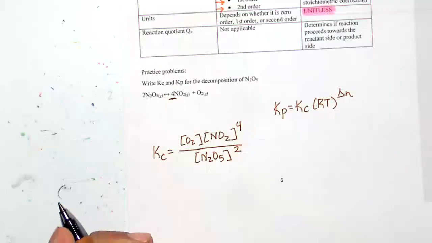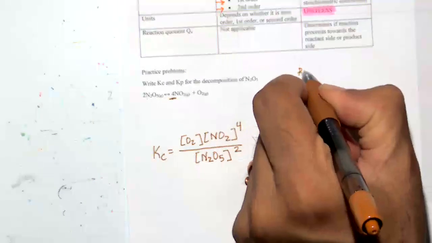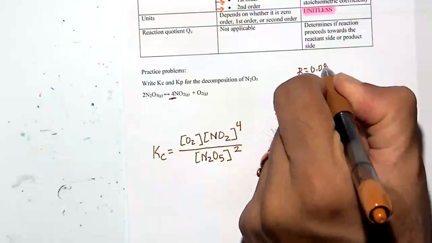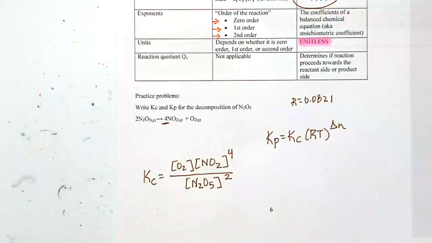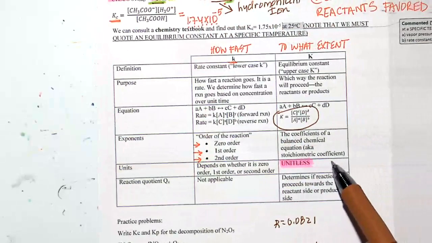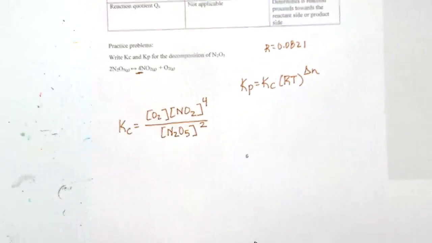We're balanced, right? R is 0.0821. We're without units, so I don't care about units because the whole K is without units.